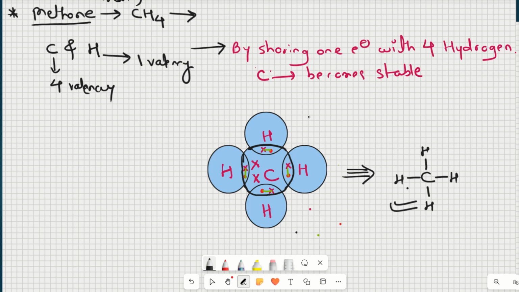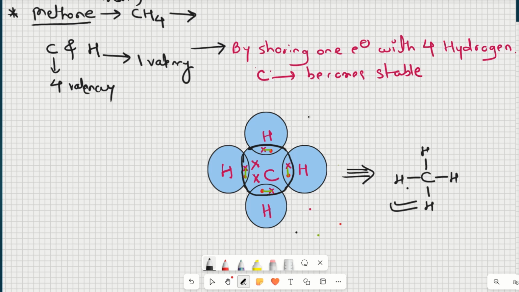So what will we understand from these examples? We understand that these compounds are not losing or gaining electrons, they are just sharing the electrons, and this type of sharing of electrons is said to form covalent bonds.